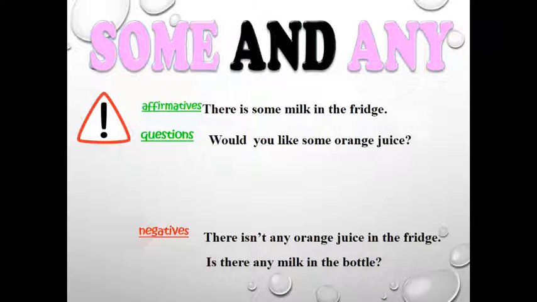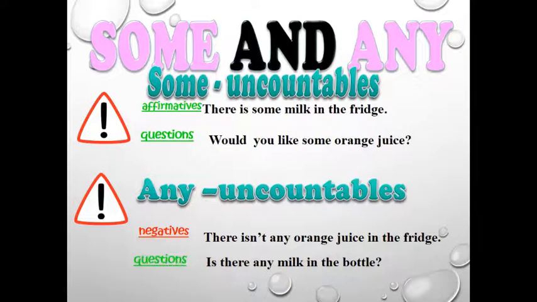Some is used with uncountable nouns in affirmative sentences and questions. There is some milk in the fridge, or would you like some orange juice? Any as well is used with uncountable nouns in both negative sentences and questions. There isn't any orange juice in the fridge. Is there any milk in the bottle?